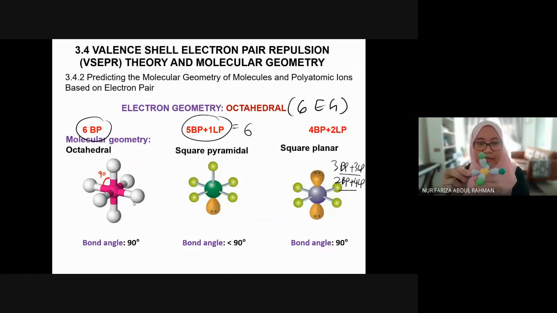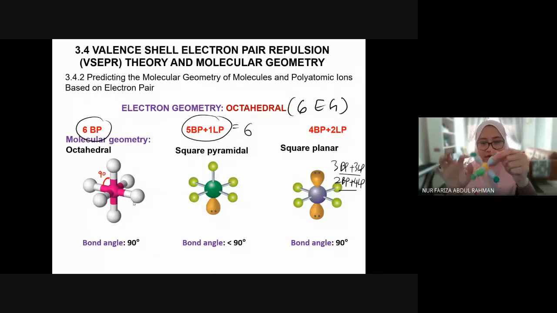Because we ignore the lone pair. Ignore the lone pair, guys. So as you can see, looking at the atoms part, the shape is square pyramidal. Pyramid. Square because its bottom is a square. I remove this one, we ignore the lone pair.